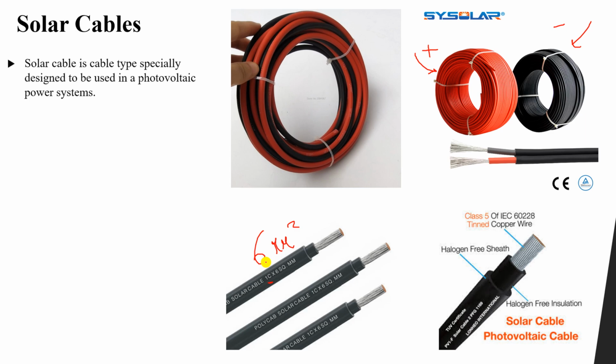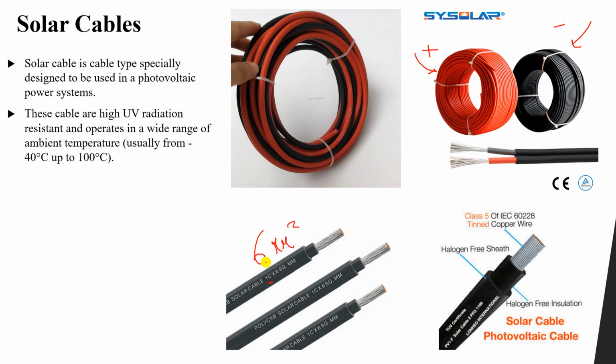You'll find that the solar cable is a cable type especially designed to be used in photovoltaic power systems. These cables are highly resistant to ultraviolet radiation and operate in a wide range of ambient temperatures. They can operate from negative 40 degrees Celsius up to more than 100 degrees Celsius, because they are exposed to ultraviolet radiation and the high temperature of the sun.